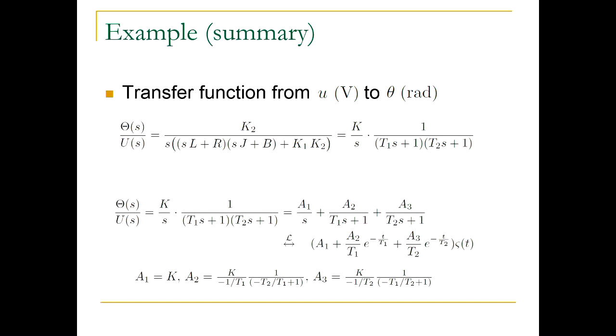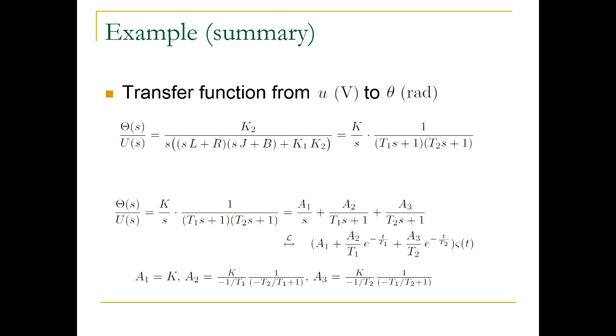Since u in the first example was U(s) equal to 1, we were applying an impulse, so theta is equal to this. What is the inverse Laplace transform of A1 over s? Well, it's just a unit step function times A1.